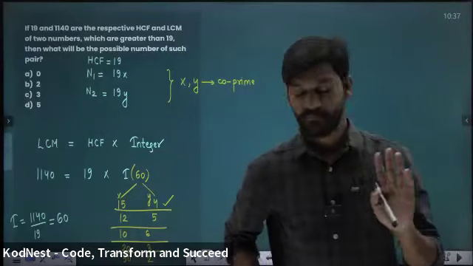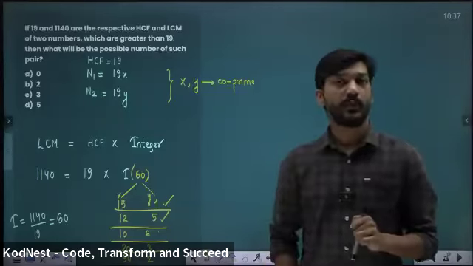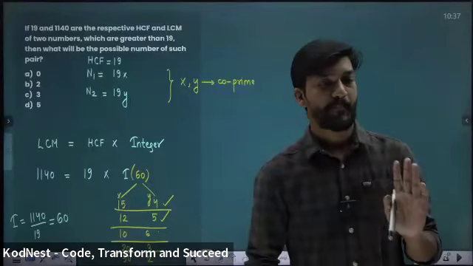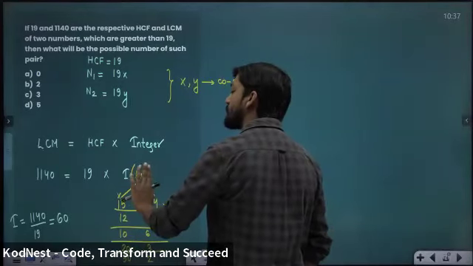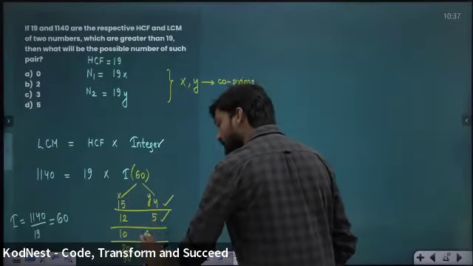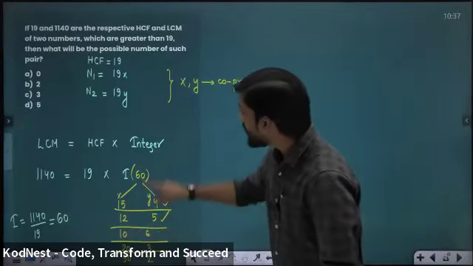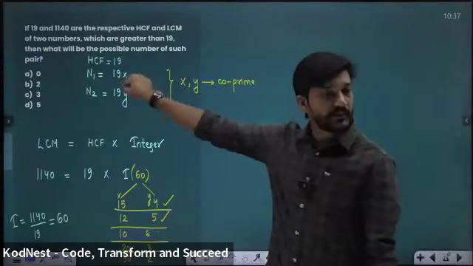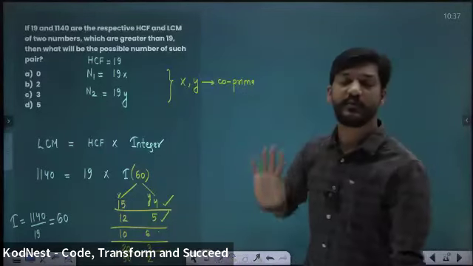Can I take this 10 and 6? Are they co-primes? No. My dear, 10 into 6 is 60. Don't say, sir, this is right. Yes, this is right. But I am saying I cannot take this as x and y and put it there because there is a condition: x and y must be co-primes.